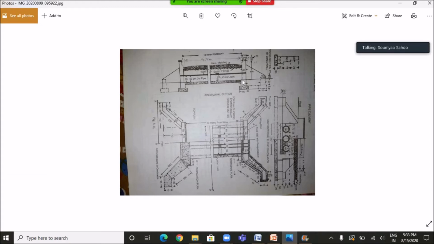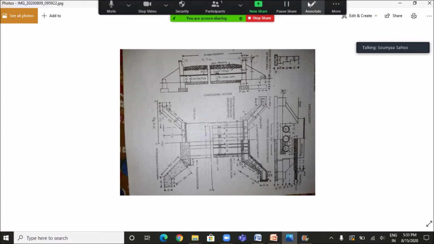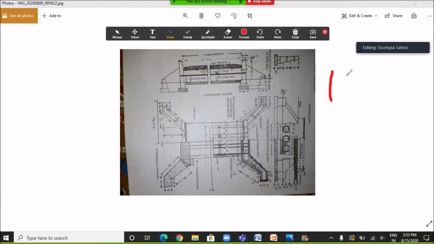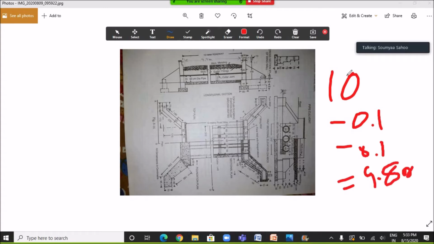So this projection is 10 centimeter. So if we subtract 10 centimeter on both sides from 10 meter, we will get the length for which excavation work is to be carried out for underpipe. So 10 minus 0.1 minus 0.1 equals 9.8 meter is the length of excavation for underpipe.